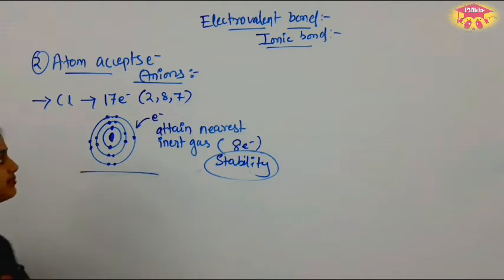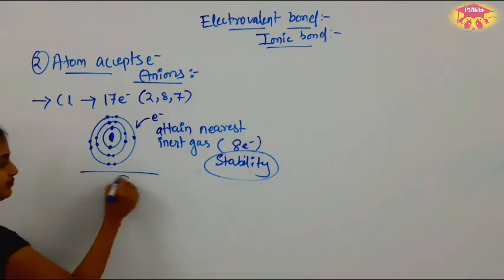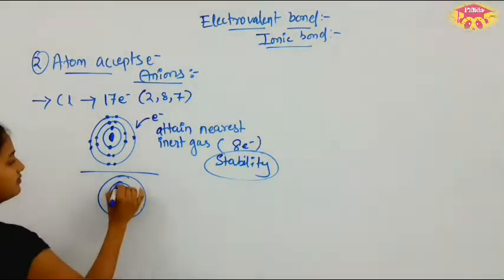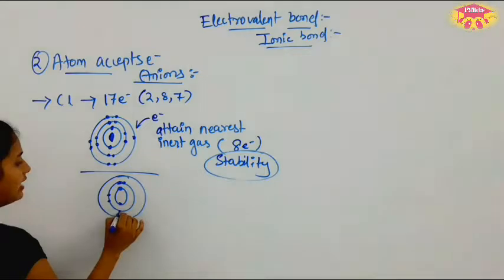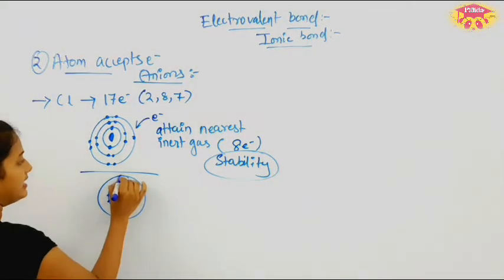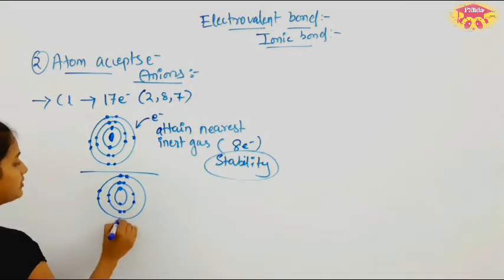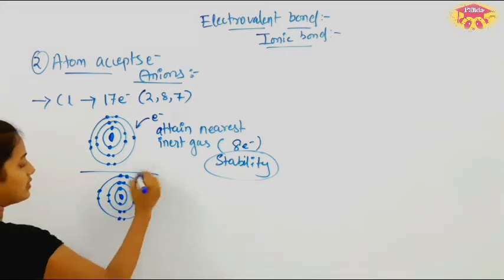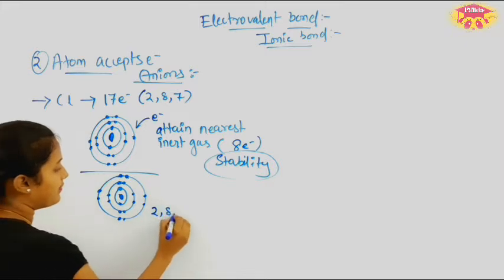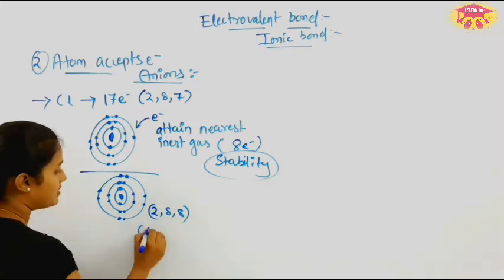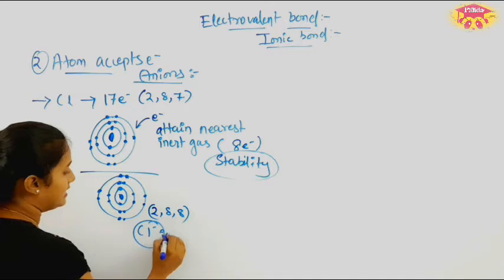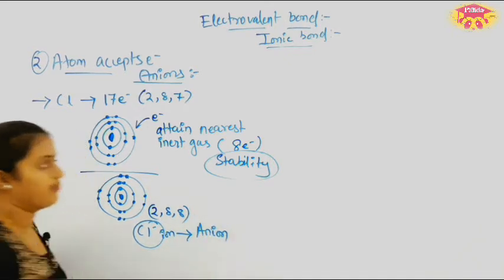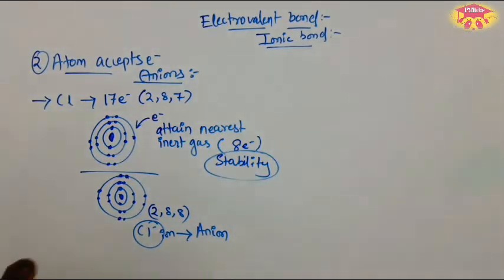So the chlorine atom accepts an electron and becomes a chlorine ion. I said before that atoms donate or accept electrons to form ions. So this chlorine atom accepts an electron and forms the Cl minus ion, which is known as an anion.